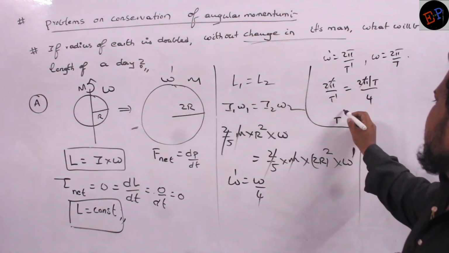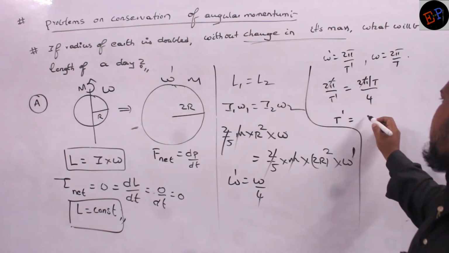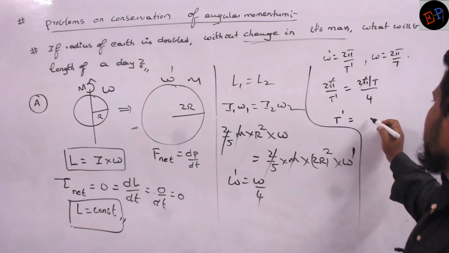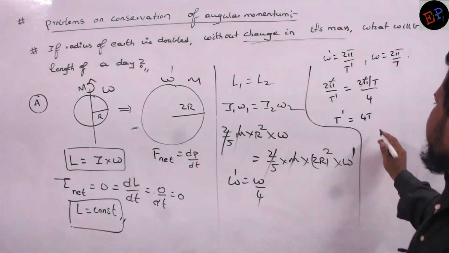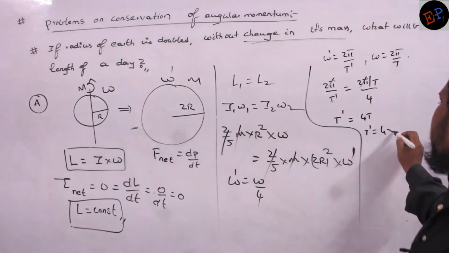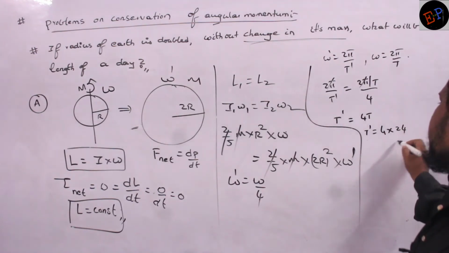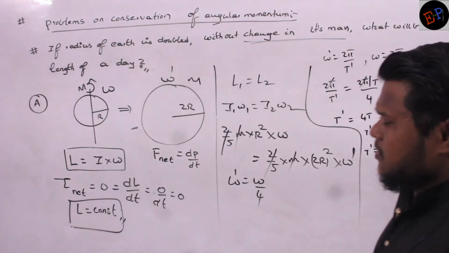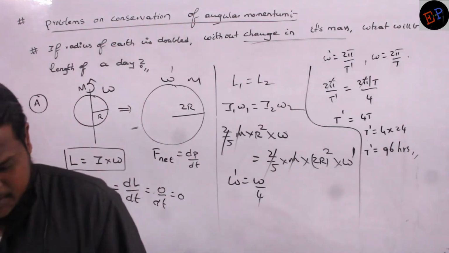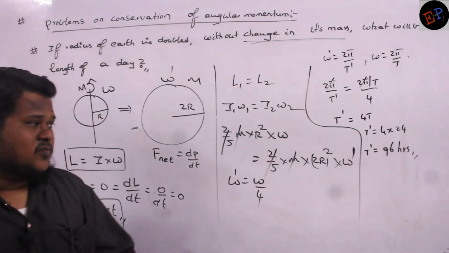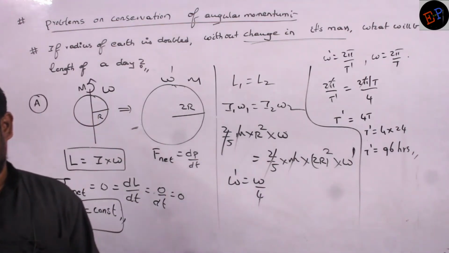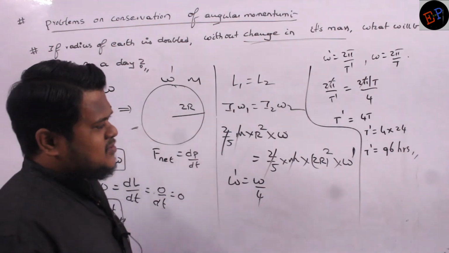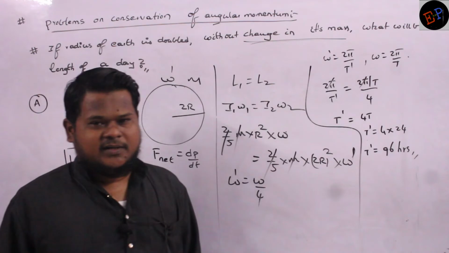So I can write t dash is equal to 4t. So t dash is equal to 4 into 24 hours, so t dash is equal to 96 hours. It means earth completes one rotation in 96 hours. That's it. It means 48 hours will be day, 48 hours will be night.